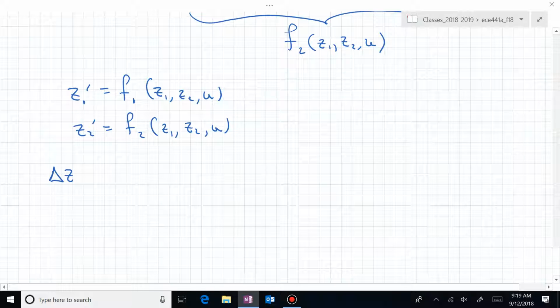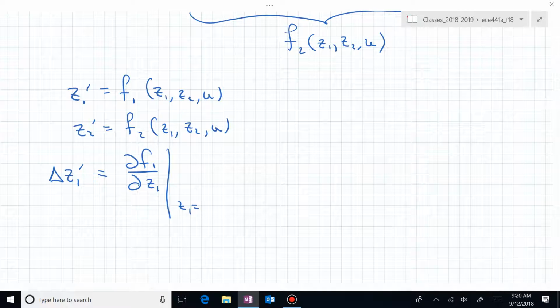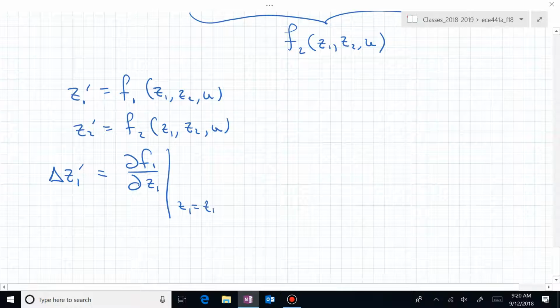I'm going to then end up with a delta of z1 prime equaling partial of f1 with respect to z1 evaluated at z1 equal to its nominal value. Let me put a 0 in the subscript of z1, so I have z1, 0, z2 at its nominal value, and u at its nominal value.